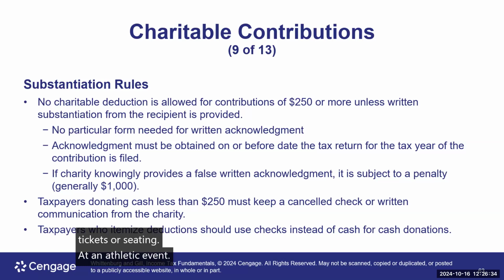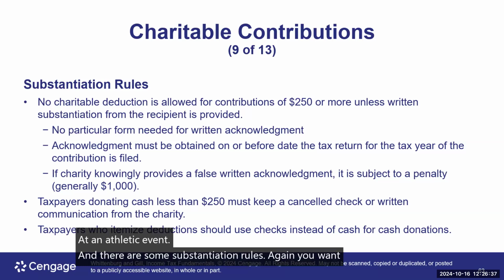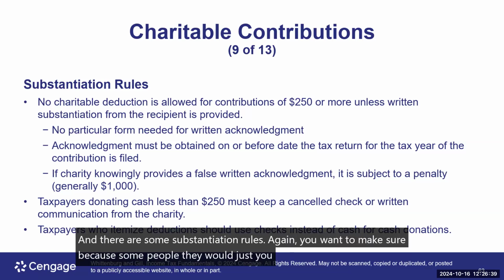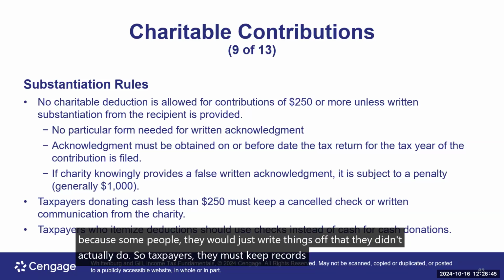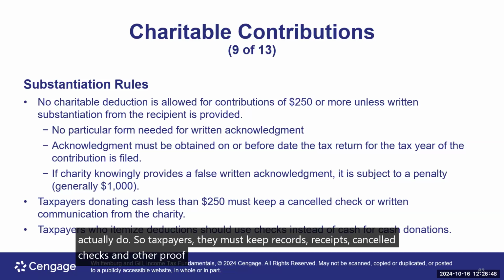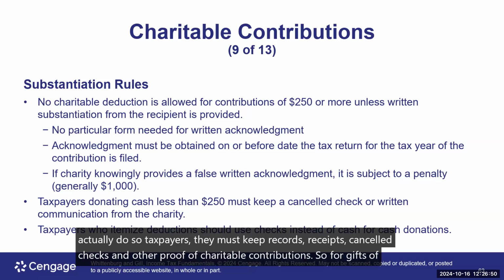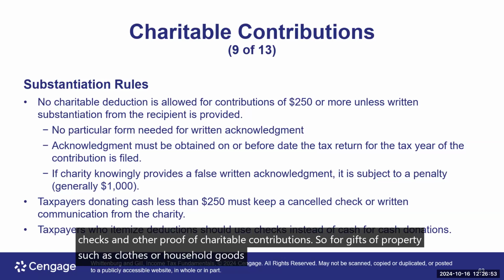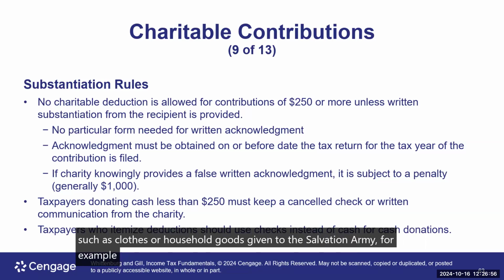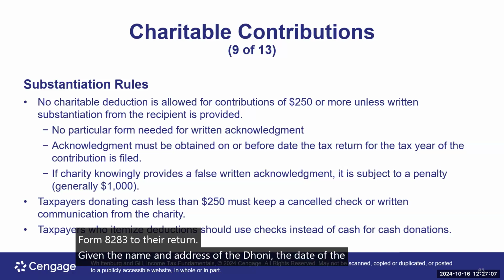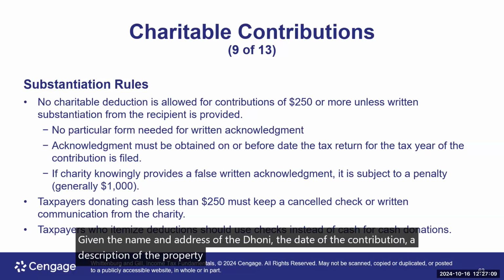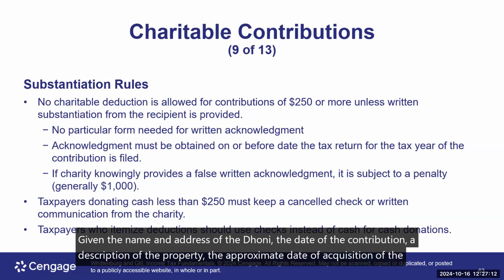And there are some substantiation rules. Again, you want to make sure, because some people would just write things off that they didn't actually do. So taxpayers must keep records, receipts, canceled checks, and other proof of charitable contributions. For gifts of property such as clothes or household goods given to the Salvation Army, for example, if they total over $500, the taxpayer has to attach Form 8283 to their return, giving the name and address of the donee, the date of the contribution, a description of the property, the approximate date of acquisition of the property, and certain other required information.